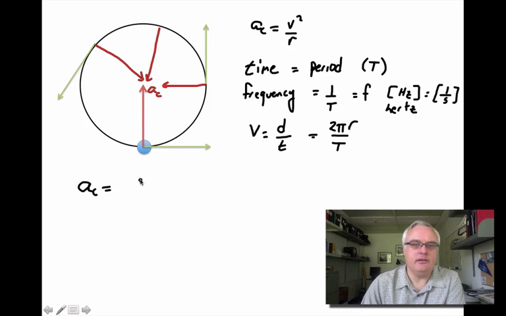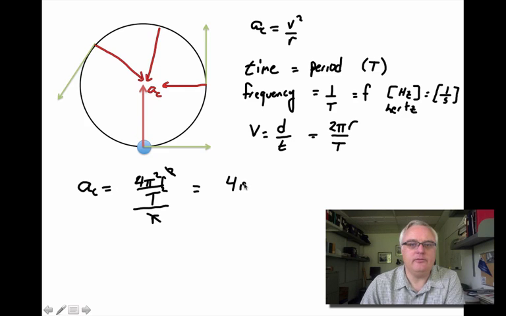So v squared is 4 pi squared r squared over T squared, divided by r. One of the r's cancels, and what I have for centripetal acceleration is 4 pi squared r over T squared.